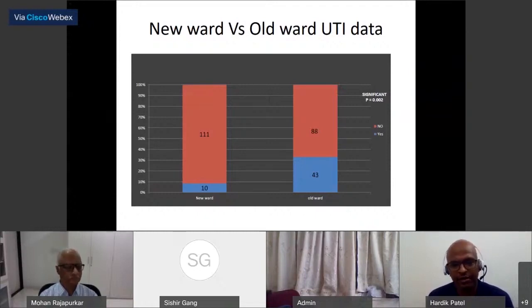As I told you, the risk factor which we never talk about, and as also initially elaborated by Dr. Rajapurkar sir, is that whenever we break the protocols, we start getting infections. After the new ward building, we are quite happy, and the patients are also happy with the significant reduction in UTI episodes.